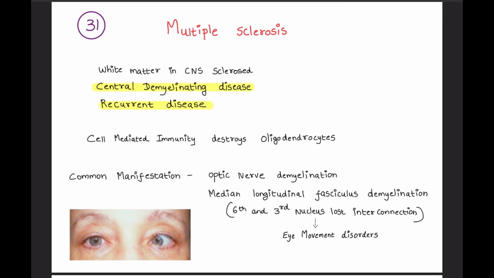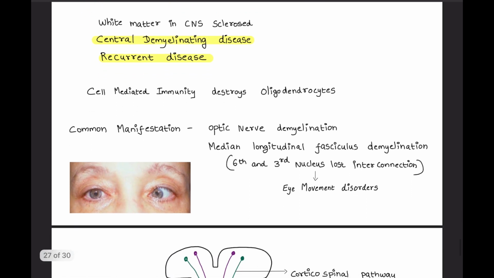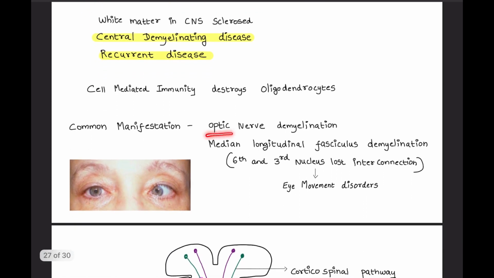In multiple sclerosis, white matter in the central nervous system is sclerosed. Multiple sclerosis is an immune complex mediated disease. That is, cell mediated immunity destroys the oligodendrocytes. Oligodendrocytes are cells present in your brain. So the common problems the patient experiences are optic nerve demyelination.